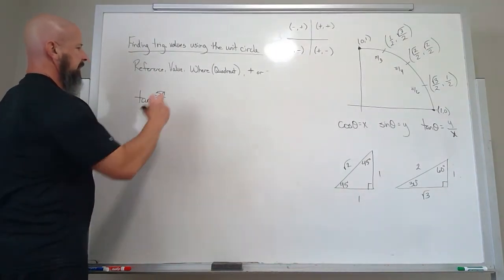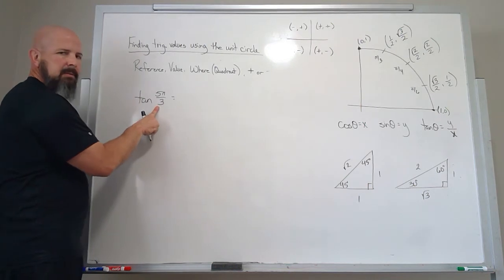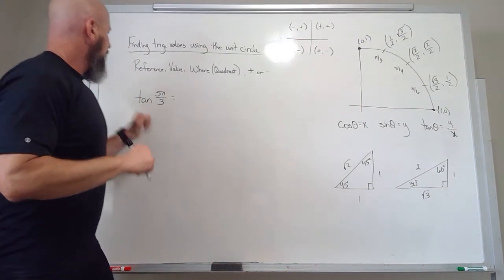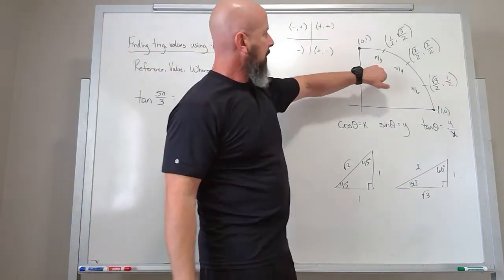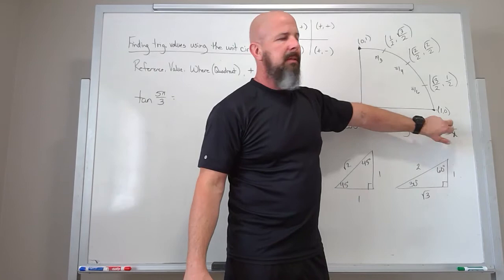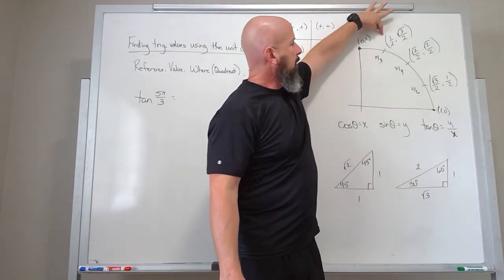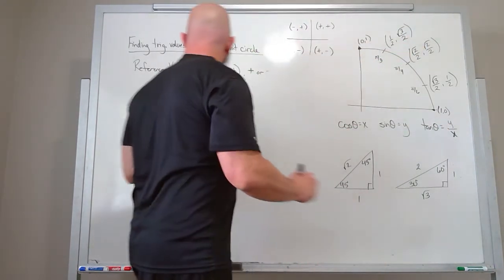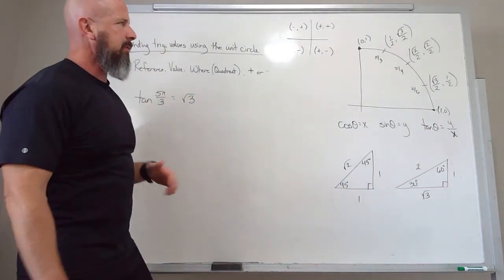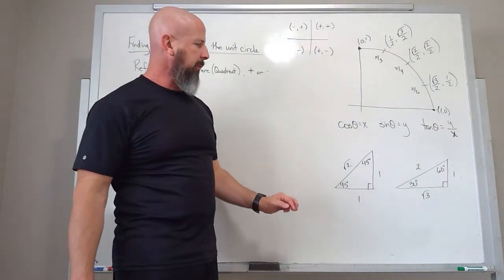So tangent of 5 pi thirds, reference. Where am I? Here's my pi thirds. Tangent is y over x, so root 3 over 1 is root 3. I'm a little slower on the tangents. Pretty normal when you're first working with it.